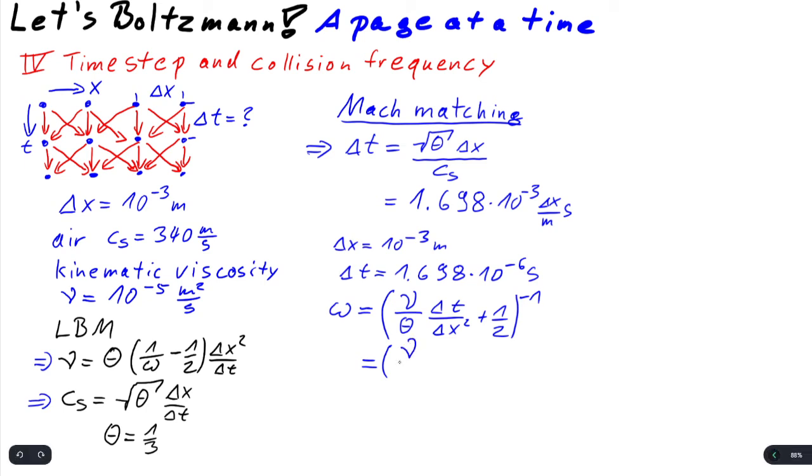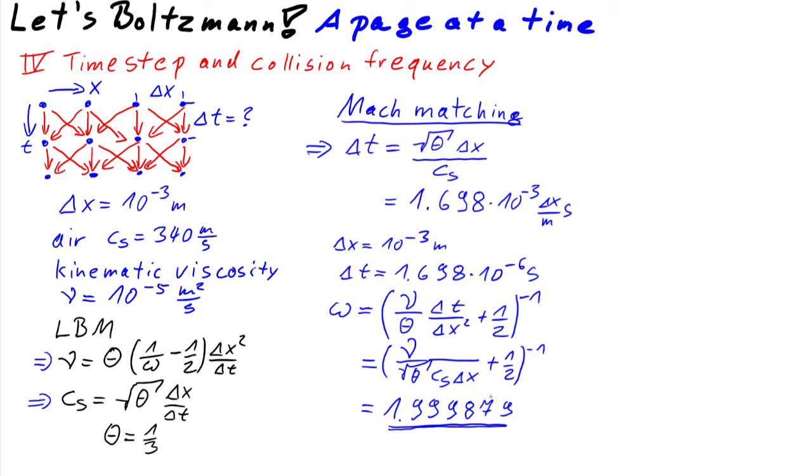This would give us nu divided by the square root of theta times cs delta x, and this plus 1/2 to the power of -1. And this would evaluate to 1.999879. So in Lattice-Boltzmann, it is necessary for this collision frequency to give enough digits, because they will usually be coming very close to 2.